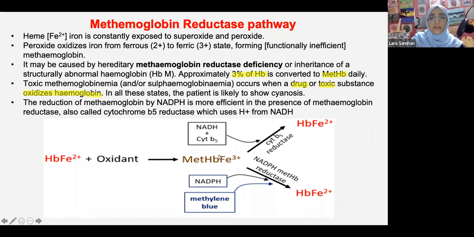As we said, for example, an oxidant can happen from anything: infection, drug, toxin, anything. Any bad stimulus can cause oxidation or free radicals to affect the normal hemoglobin. Okay, so this is basically it for this slide.